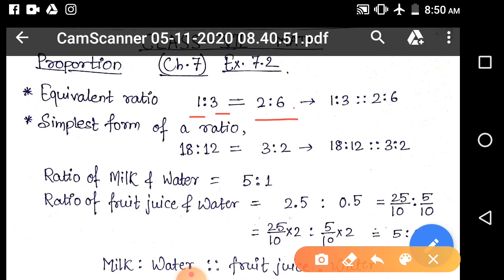So as those two ratios are equivalent, that means those two ratios are in proportion.